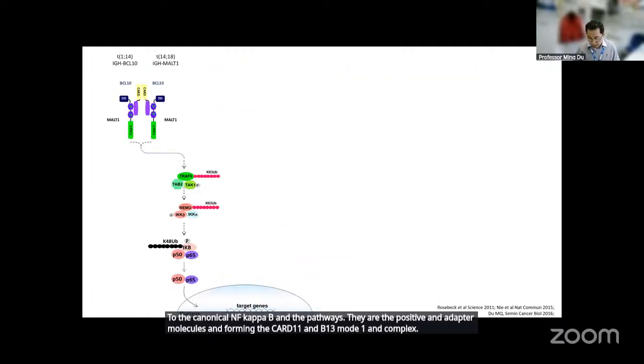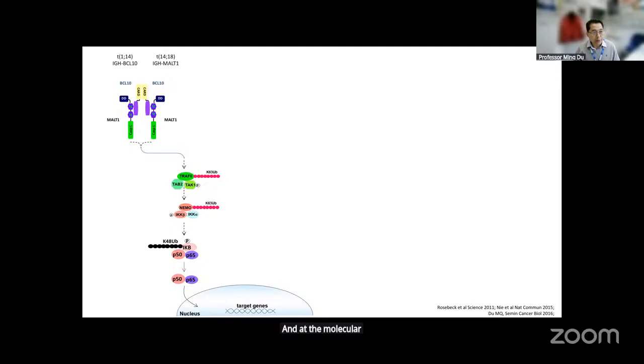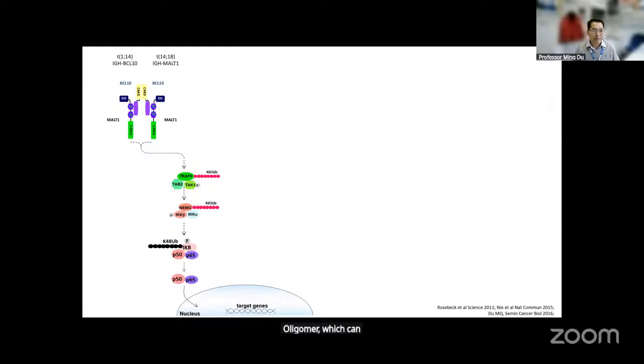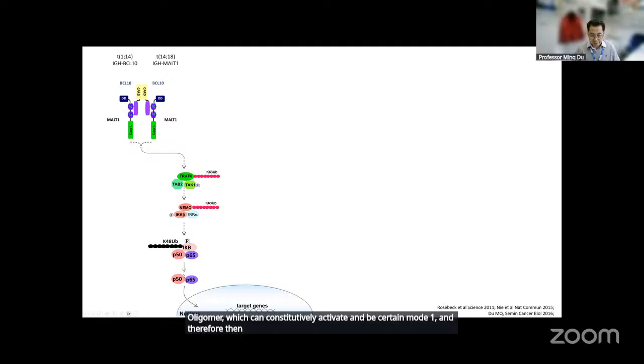At the molecular level, we know that overexpressed BCL10 and MALT1 can, through CARD interaction, generate oligomers which constitutively activate BCL10 and MALT1, and therefore activate canonical NF-kappa B signaling.